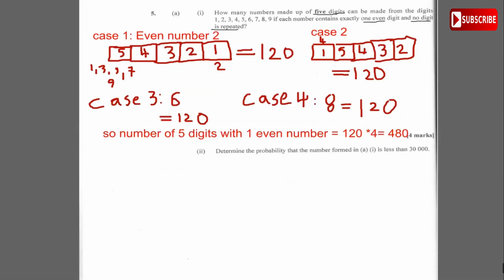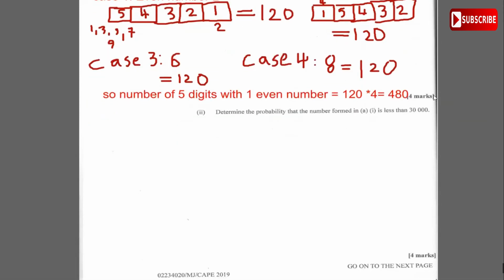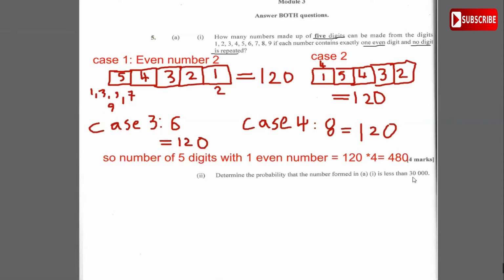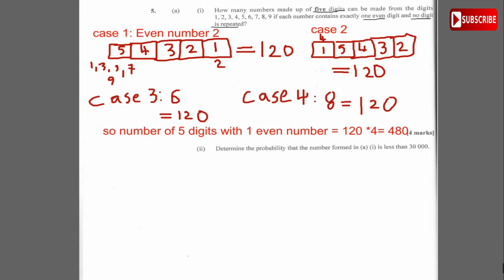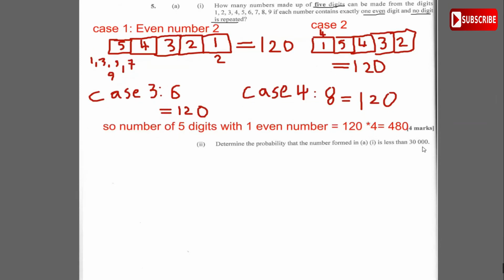Now it says determine the probability that this number formed is less than 30,000. If the 5-digit number is less than 30,000, that means the number either starts with 1 or starts with 2. Make sense? I can have a number like 12,000 something, or 20 something thousand, 15,000, 18,000, and something of that sort.